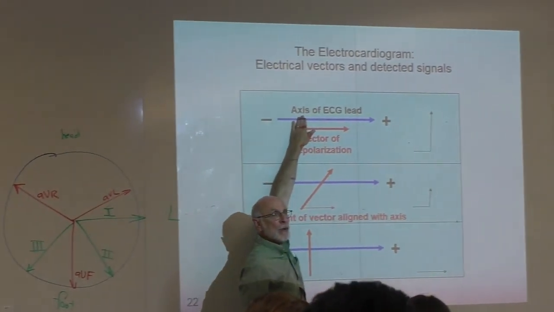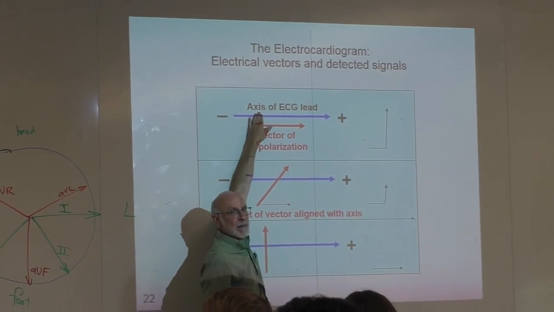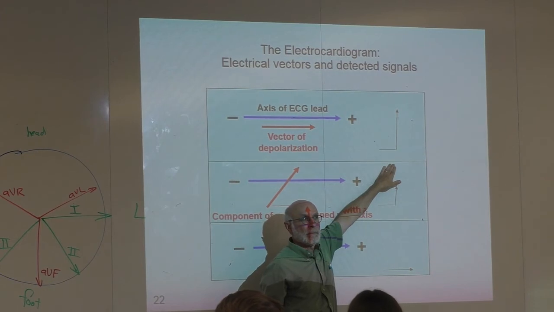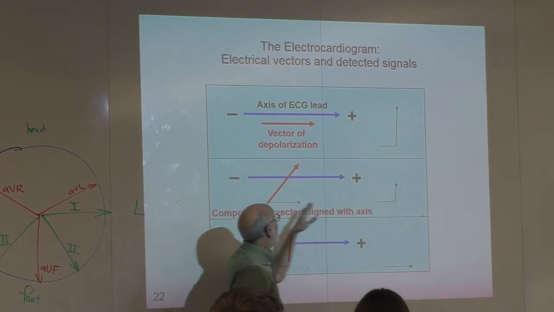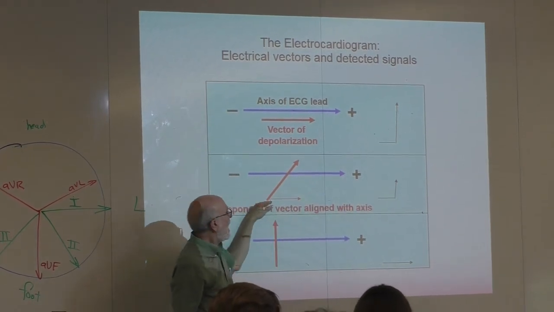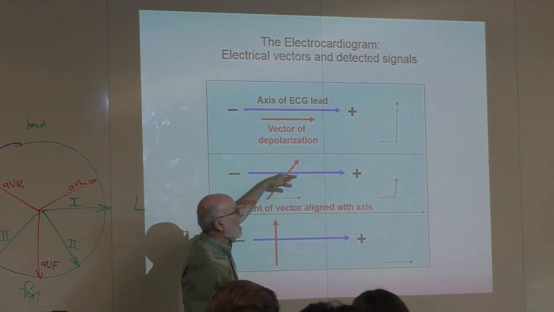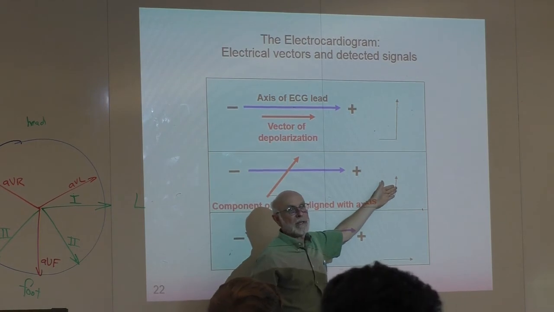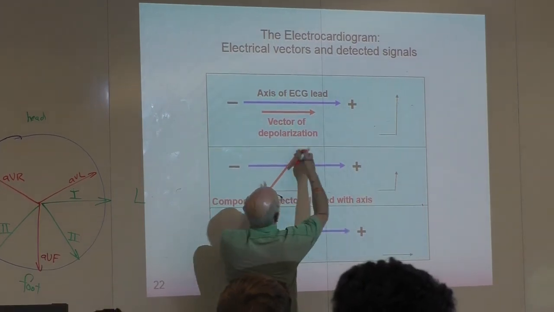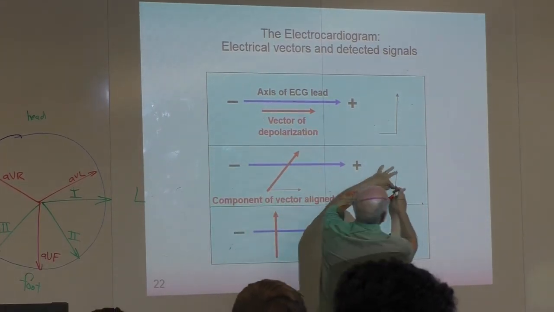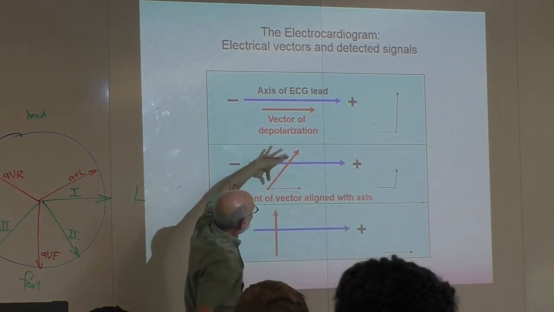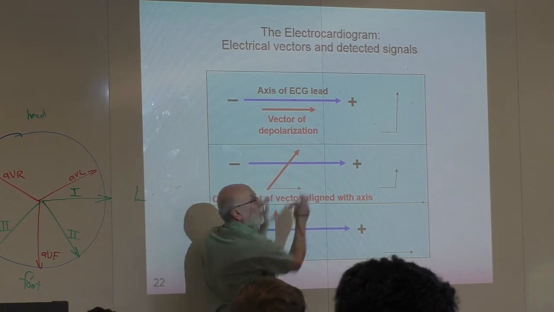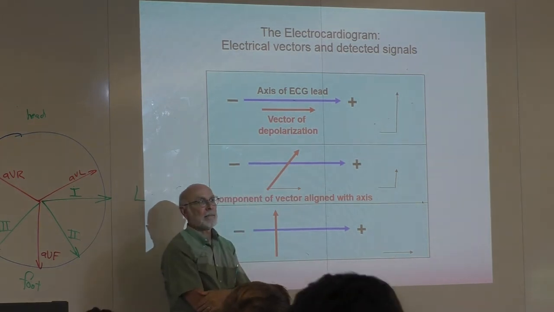is aligned with the thing that's detecting it, you get a positive signal. If the vector has a component that is aligned with it, but isn't perfectly aligned with it, you get a smaller signal. So this is the same vector, but we get a smaller signal here because this vector is not perfectly aligned with the lead that is detecting it.